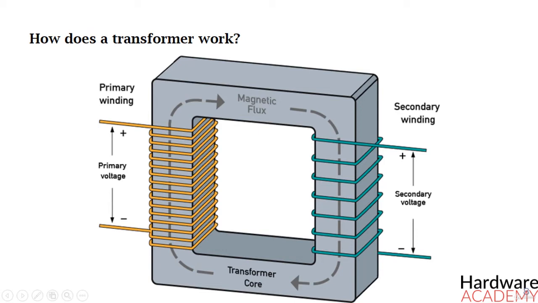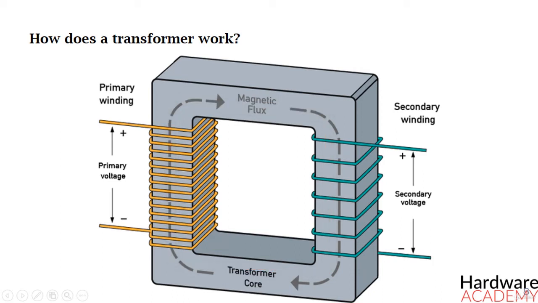The strength of the magnetic field builds up as the current flow rises from 0 to its maximum value. As the magnetic lines of force created by the primary coil expand outward from the coil, the soft iron core will form a path and concentrate the magnetic flux.